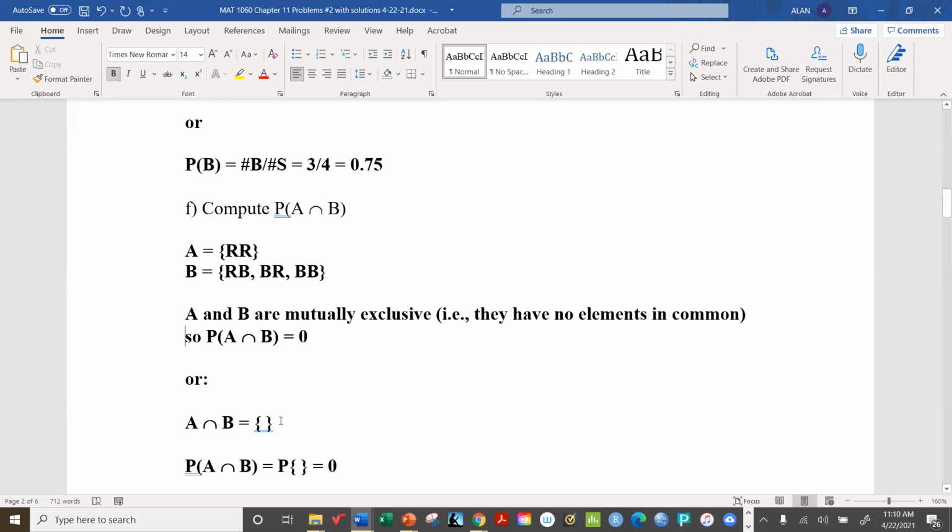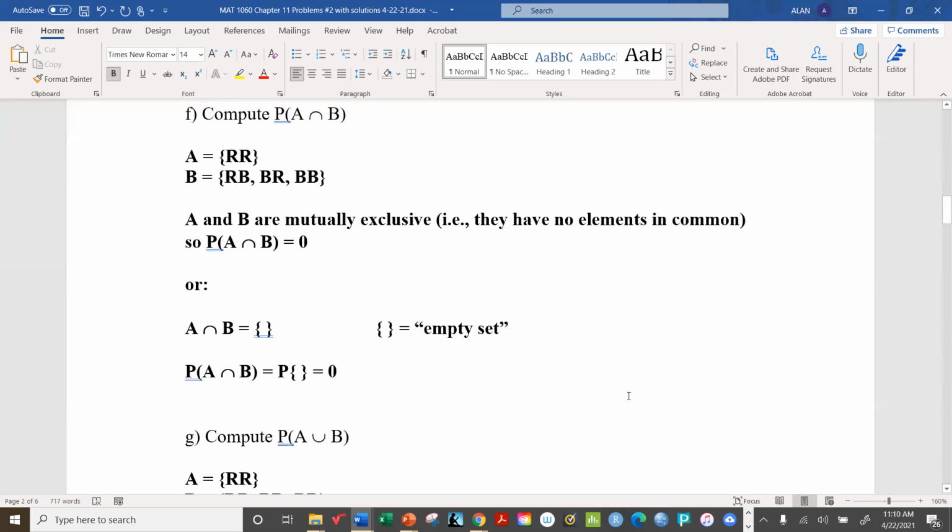So don't forget, when you just have these two braces here, that's what we mean by the empty set. It's a set that contains no elements. Like the set of all people who like beets. All right, well, maybe not. I shouldn't say that, but it's probably going to be a small set any way you look at it. But the empty set means there's no elements.